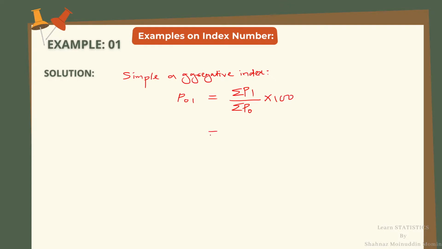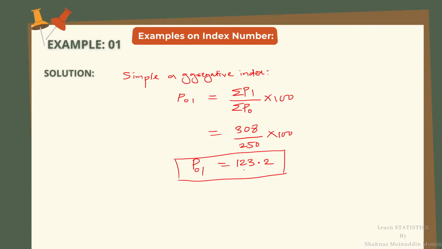This is the index number by simple aggregative method. By putting the values of sum of P1 and P0, we get the value of index number by simple aggregative method.